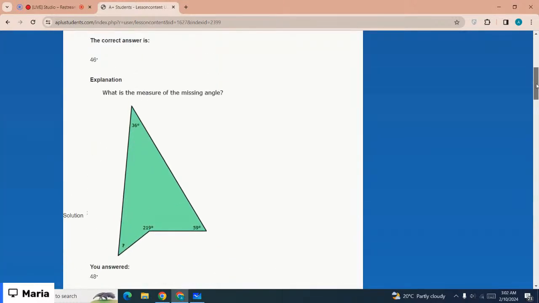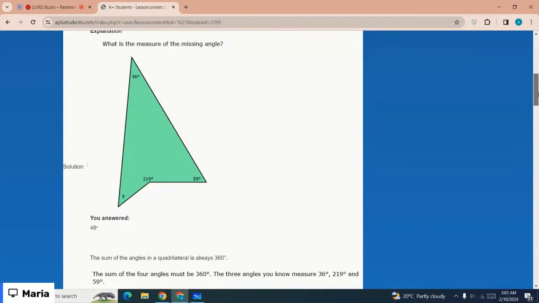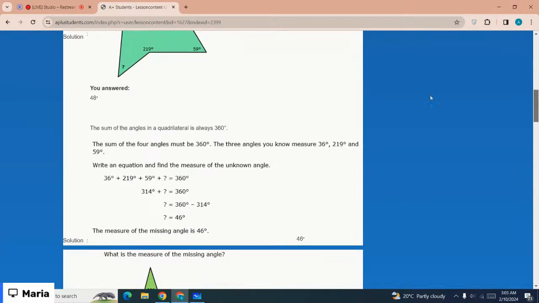Whenever we have a four-sided shape, the sum of all the angles must be 360, right? We know that the sum of all the angles is 360. Three of the angles you are given, just add them and subtract them from 360. Here, 36 plus 219 plus 59 plus the unknown angle, the sum equals 360.